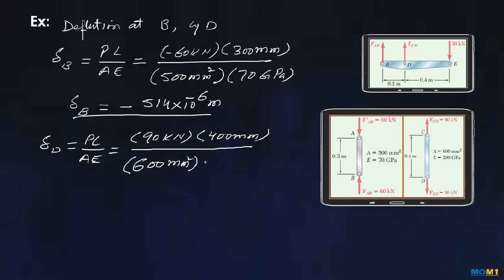The link is made up of steel having Young's modulus 200 gigapascal. So the deflection at D we are going to get is 300 into 10 raised to the power minus 6 meters.